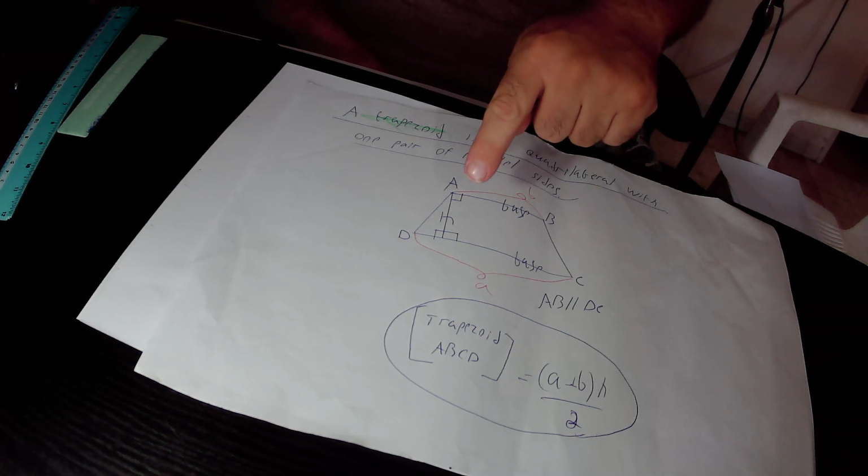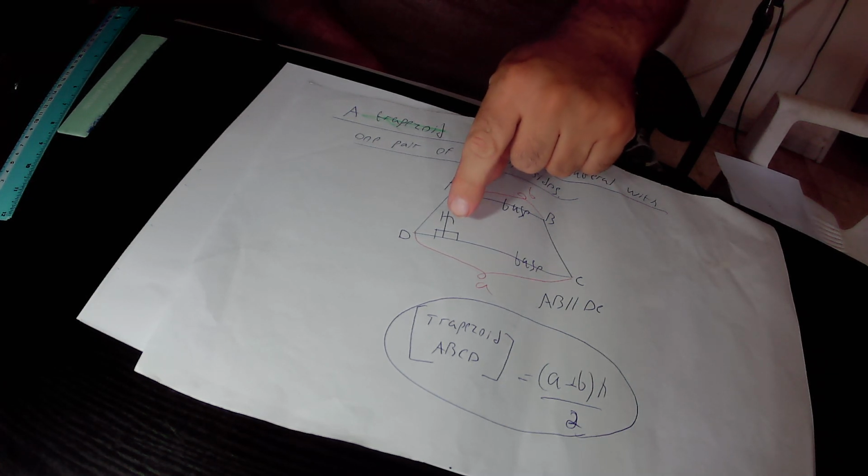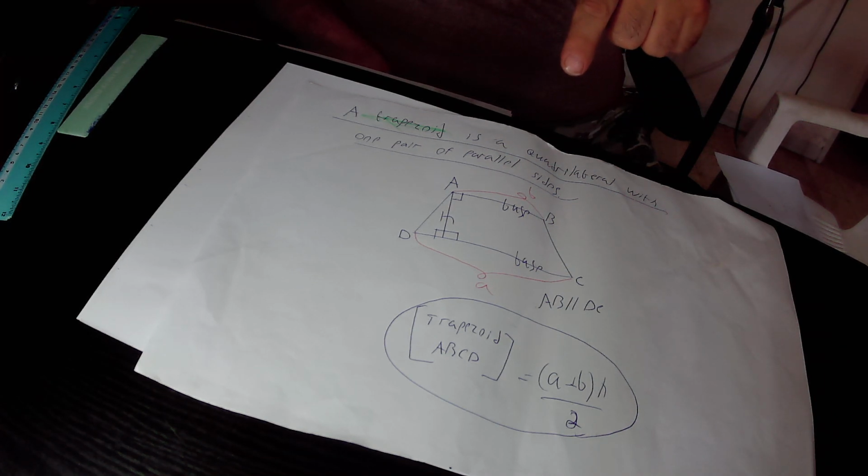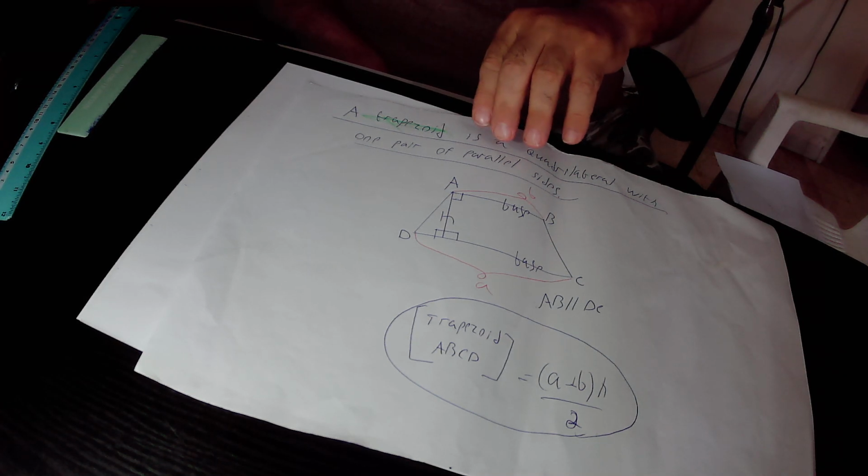The height must create 90 degrees with the 2 parallel bases. So the area of trapezoid ABCD equals (A plus B) times the height H over 2.